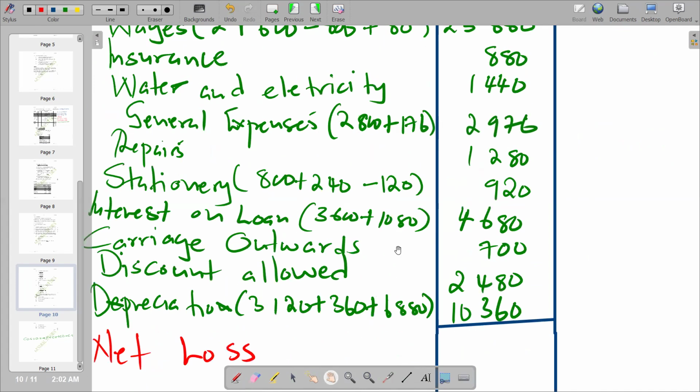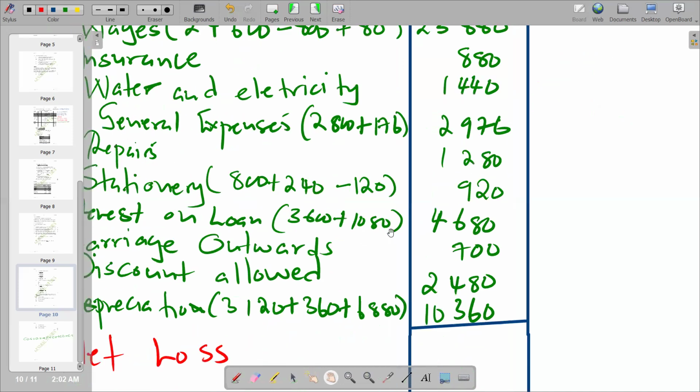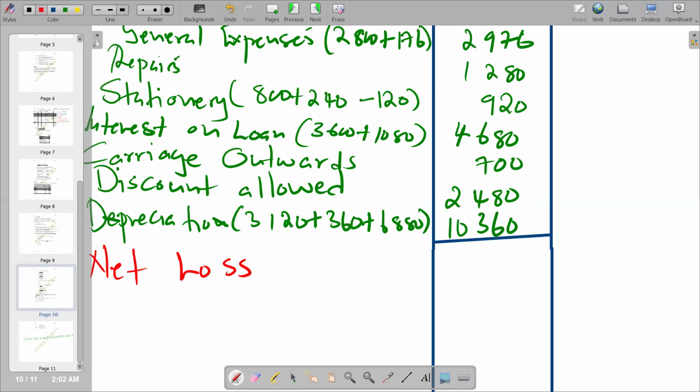And then if you subtract correctly, 4,160 minus 49,596, you get your answer as 6,136, and this is going to be your net loss figure. So basically, this is what we have, and we know that if it's net loss, you're supposed to leave it in brackets to show that it's a negative figure. So this is what we have according to our income statement.